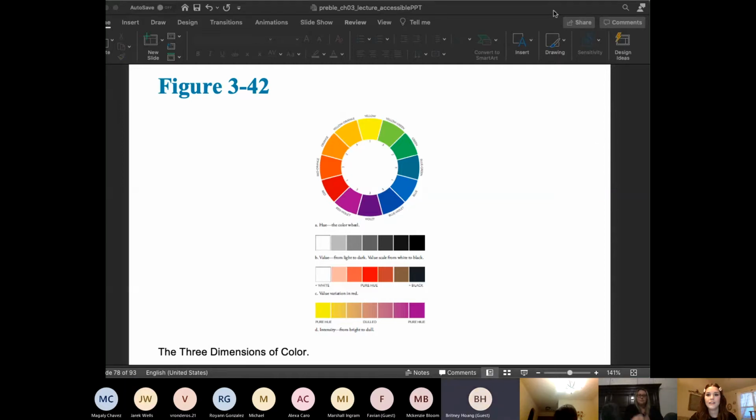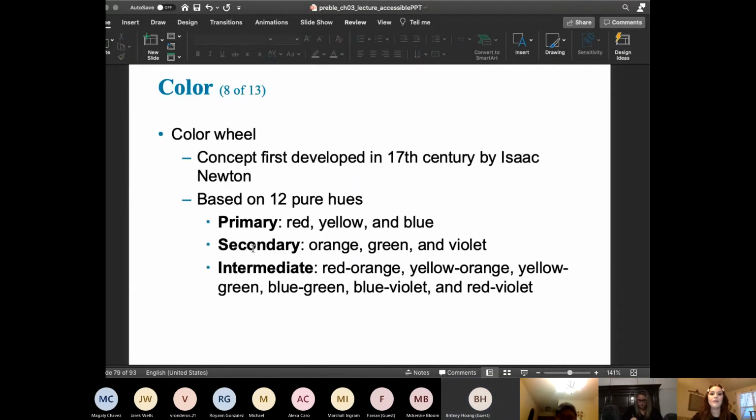Yes, very good. And that means our secondary colors are orange, green, and violet. The in-between colors, red-orange, yellow-green, those are called intermediate. And that just means they have slightly more of one color versus another. Of course, if you mix all of your primary colors together, you'll end up with brown.